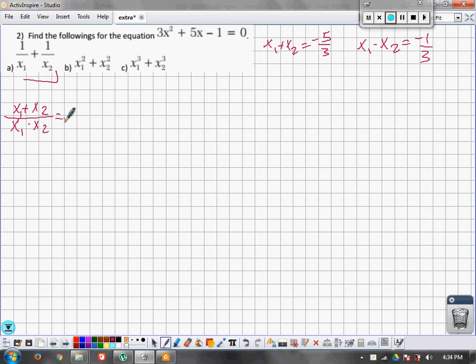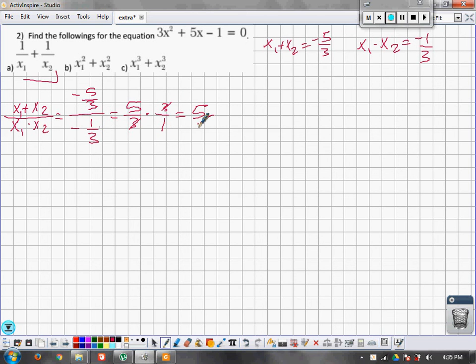So addition minus 5 over 3, product minus 1 over 3. Minus over minus will be plus firstly, so we don't need to worry about minus anymore. 5 over 3 we keep the same, times we flip this one as 3 over 1. 3 and 3 simplify each other, result 5.